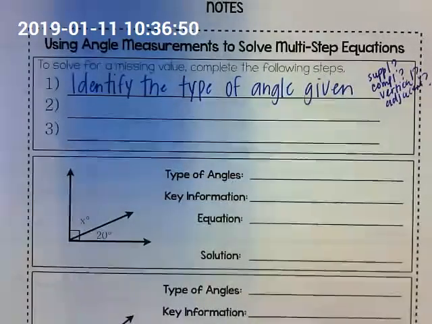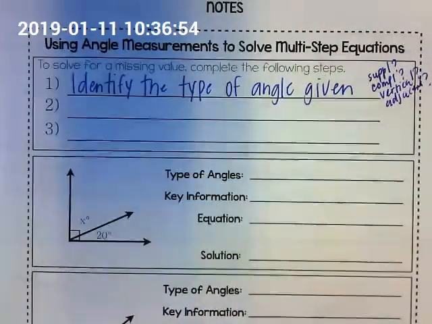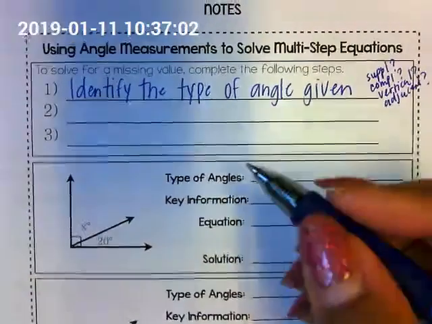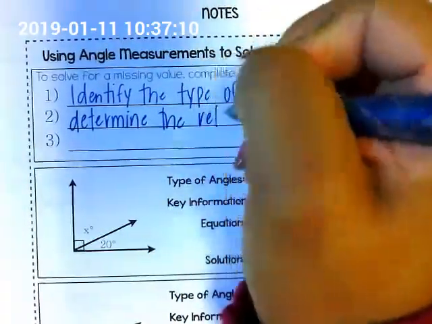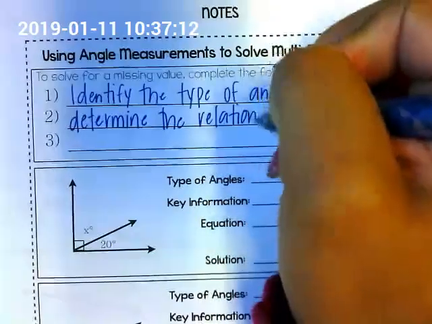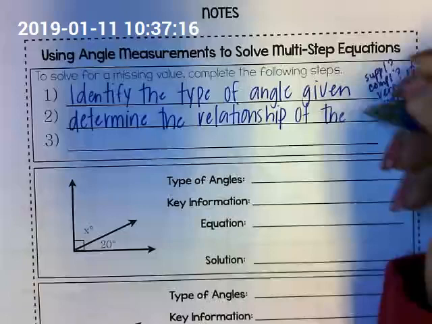The next thing that I need to do, now that I know what type of angle it is, is determine the relationship of the two angles.